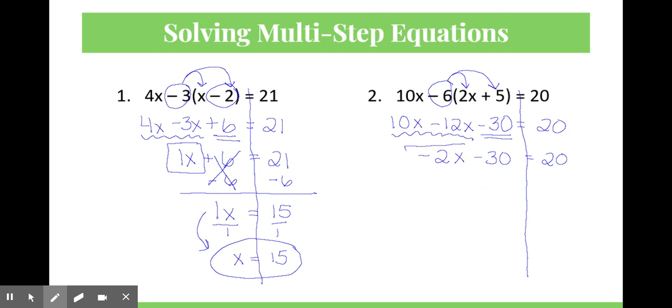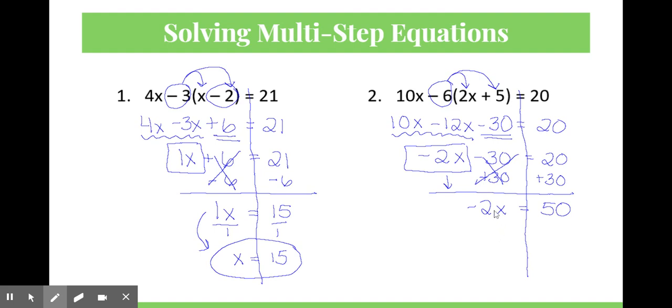So box off the variable. Outside of the box, I see a -30. To undo that, I'm going to add 30 to both sides. I drop down the -2x equals 20 plus 30 is 50.